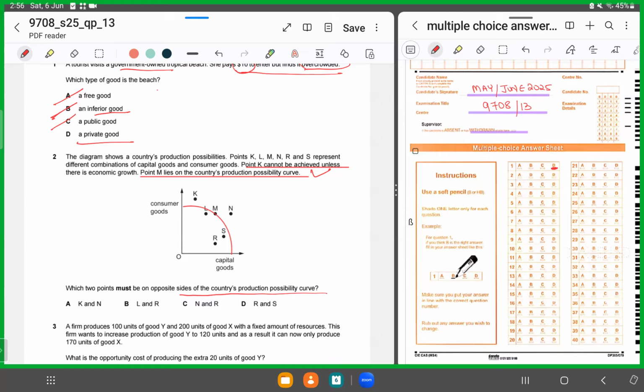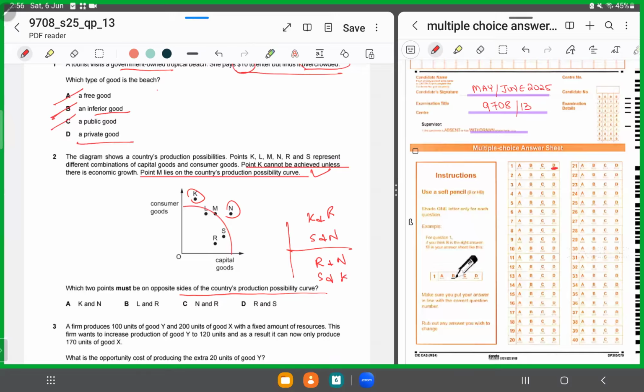Outside the PPC, you've got either K or N. And inside, you've got L, R, and S. So the possible combinations could be K and R, or S and N, or R and N, or S and K.